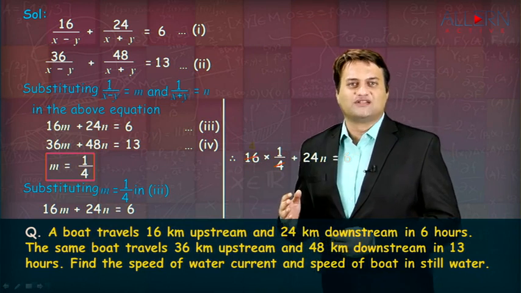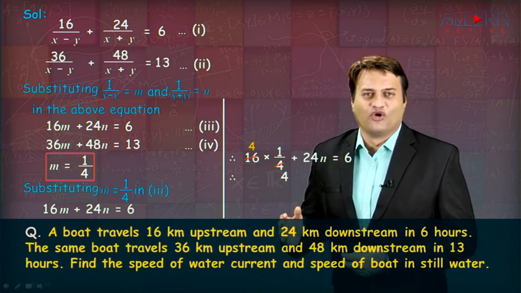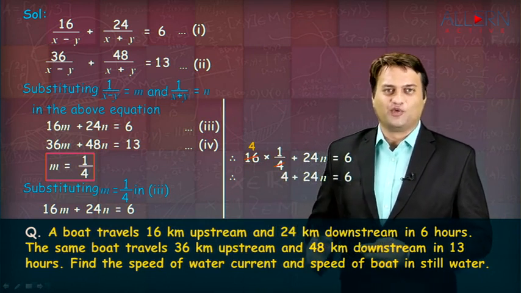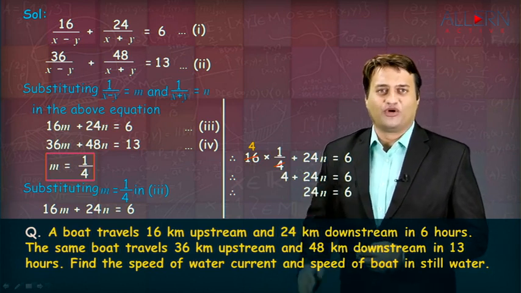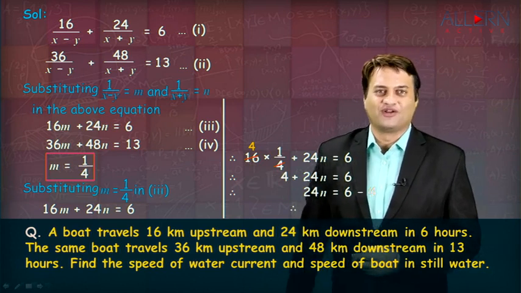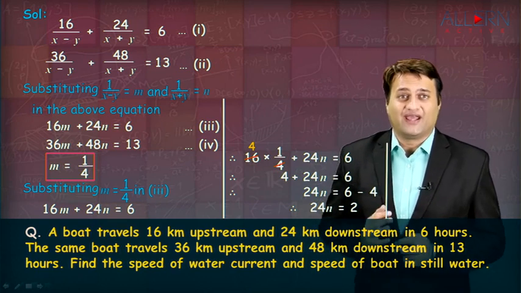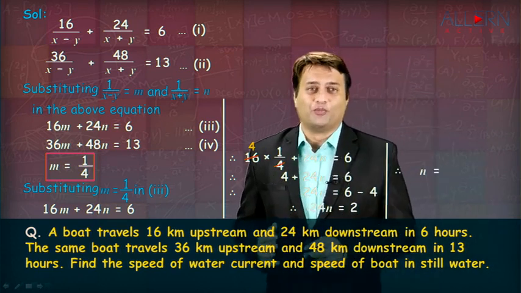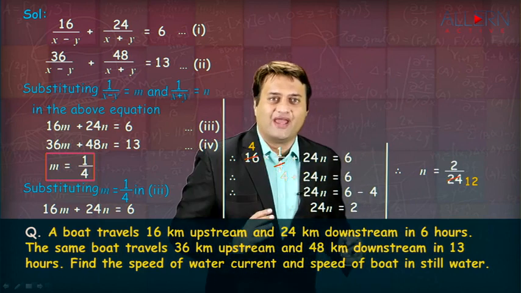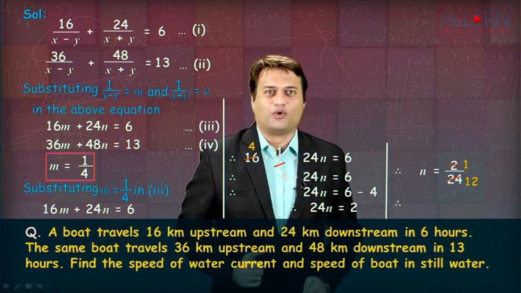Now 4 4s are 16. We get 4 plus 24n is equal to 6. We get 24n is equal to 6 minus 4. We get 24n is equal to 2. We get n is equal to 2 upon 24. We get n is equal to 1 upon 12.